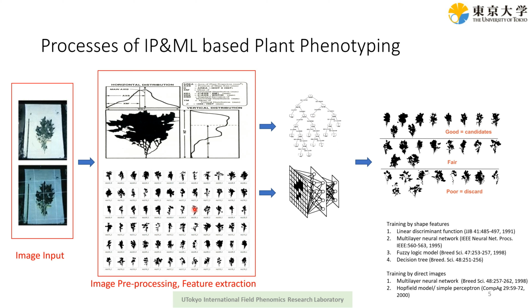Or you can directly put the images into a neural network to achieve the phenotyping purpose. Let's say in this case, it is to select the best soybean lines from a big number of candidates over here.